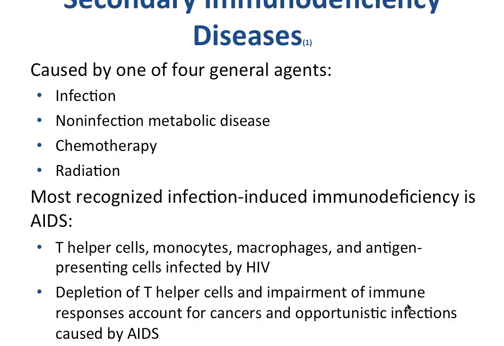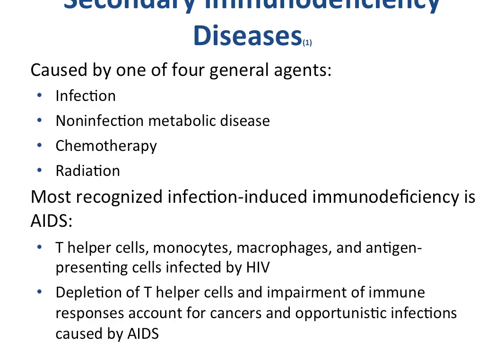A secondary immune deficiency disease is caused by infections, chemotherapy, or radiation. The most common secondary immunodeficiency disease is AIDS.